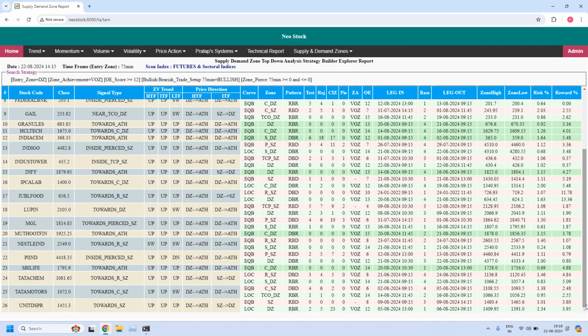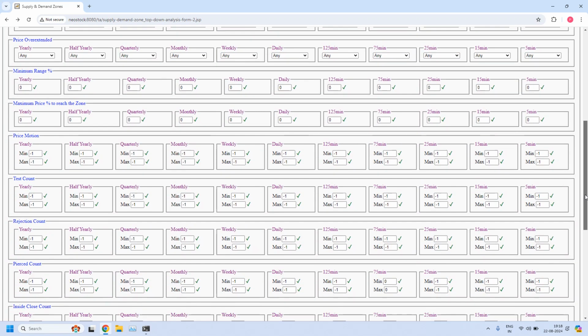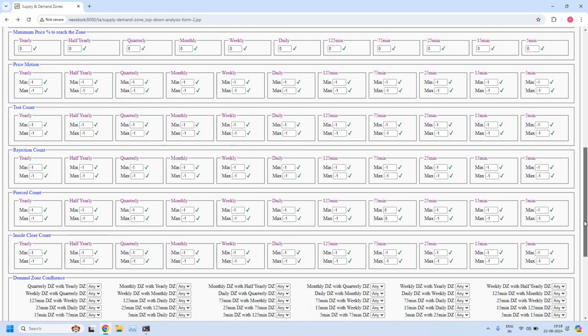Now let us verify how many of these stocks have confluence with the ITF time frame. Here LTF is 75 minutes, so ITF is daily. So we are looking for 75 minutes demand zone and daily demand zone confluence. I enabled the 75 minutes demand zone with daily demand zone confluence.